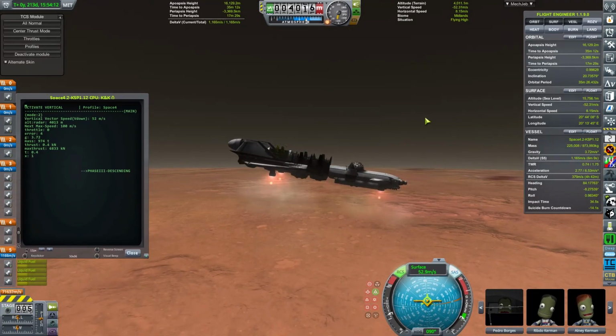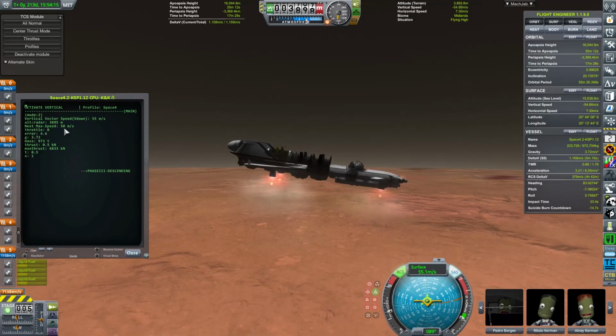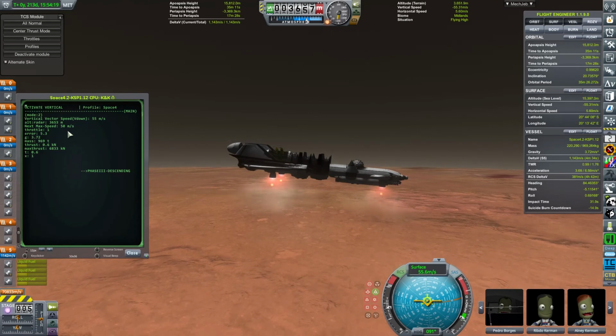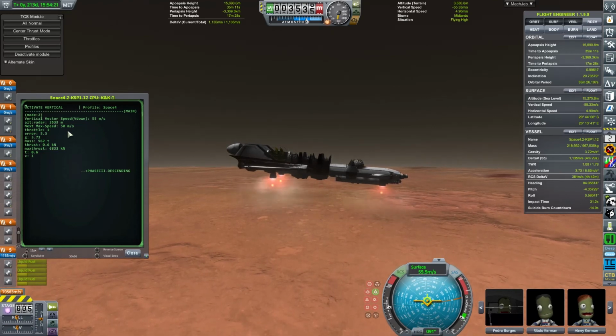Everything looks good. So we have a maximum speed of 50, which is what we are doing right now.